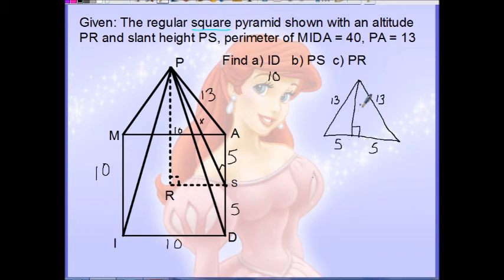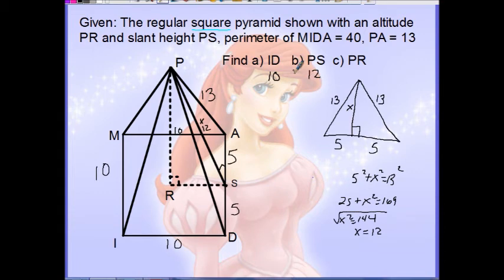So let's solve for what PS is going to be, using Pythagorean theorem. 5 squared plus x squared equals 13 squared. 25 plus x squared equals 169. So x squared equals 144, making x 12 when I square root. So we have x is 12, which is our PS.